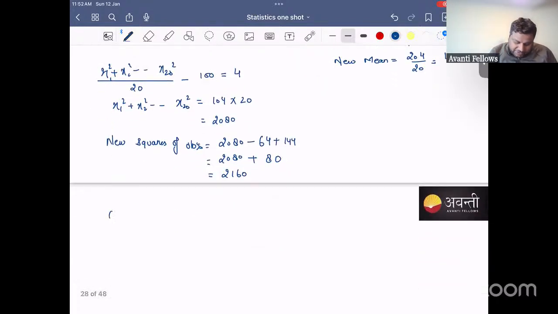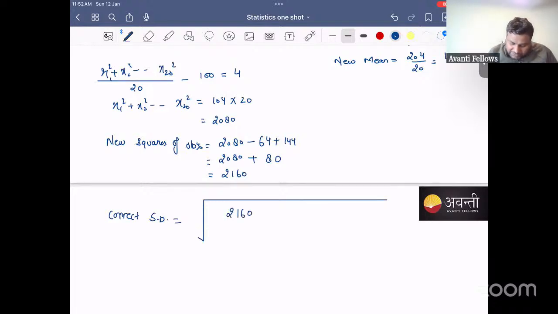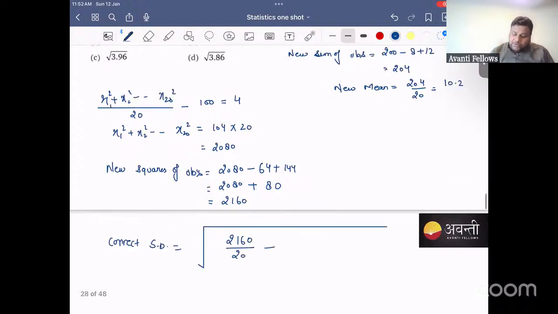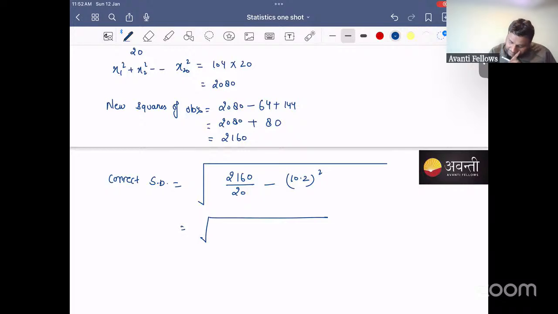So the correct standard deviation is under root of the mean of new squares, that is 2160 by 20, minus the square of the new mean, that is 10.2 whole square. Got it?